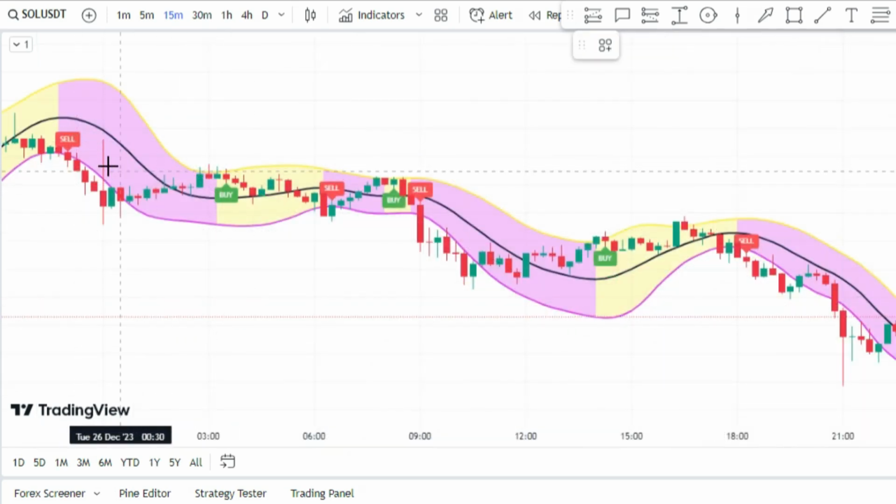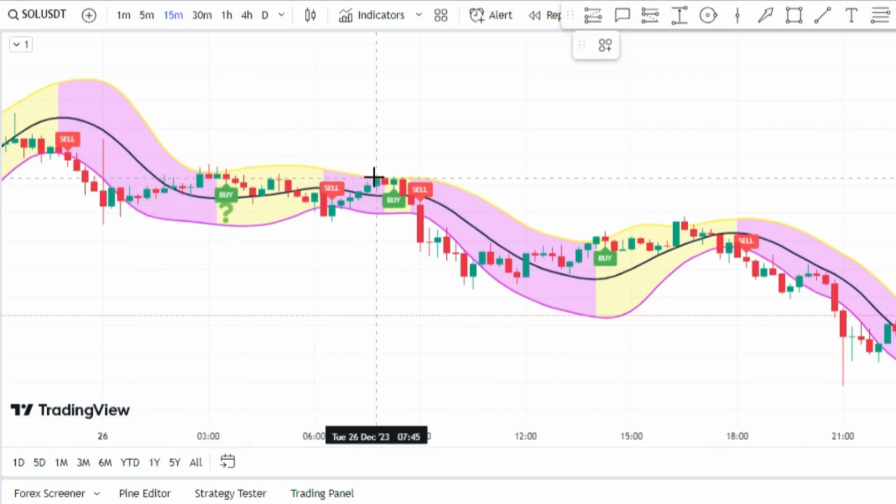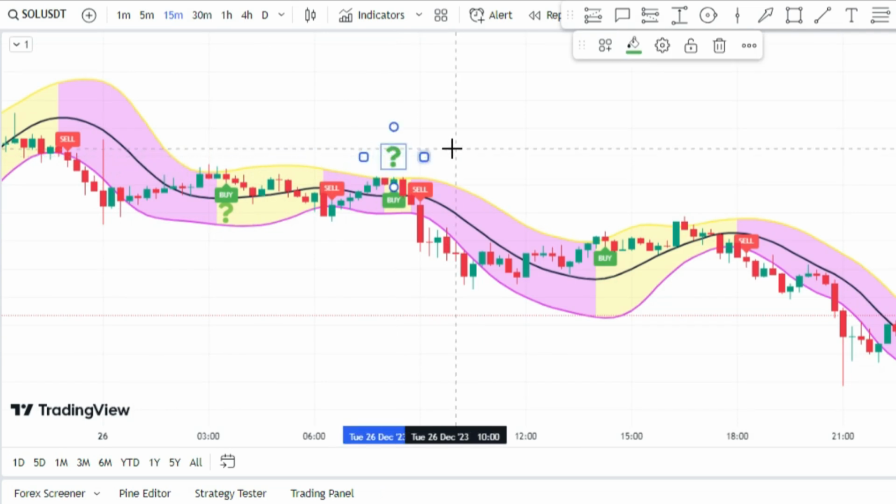But wait, there's a potential downside to relying solely on this indicator. It can sometimes give signals that go against the overall market trend.